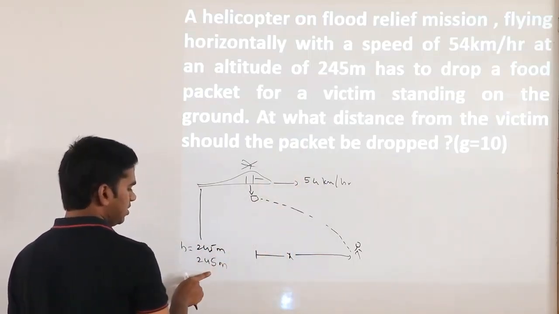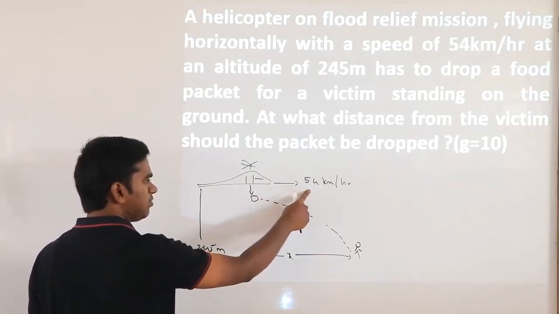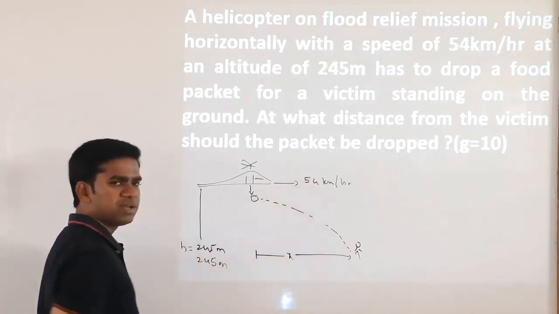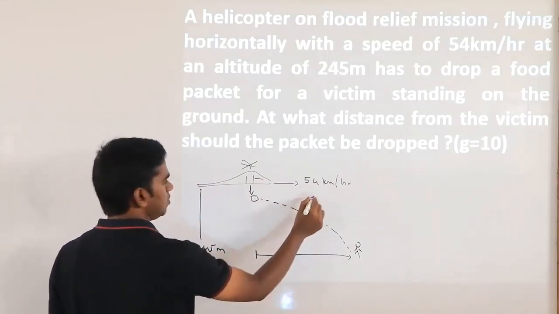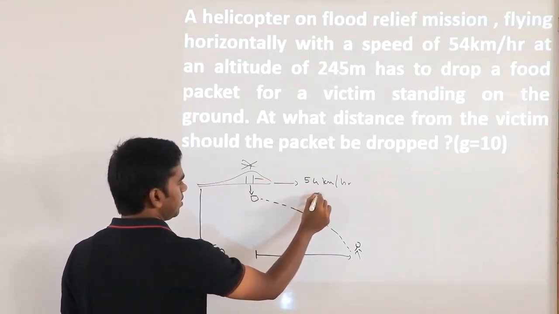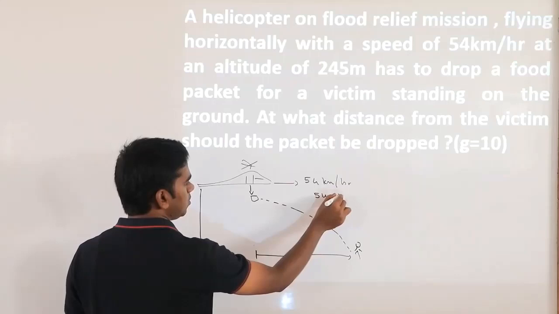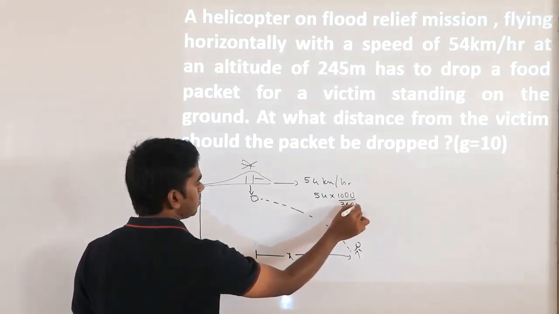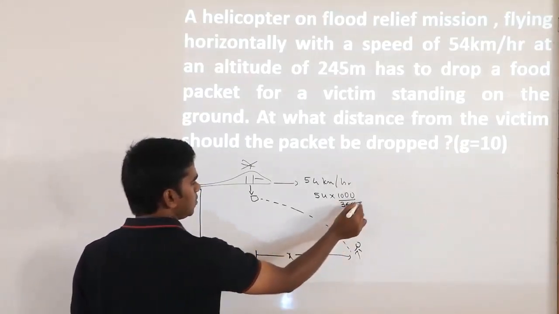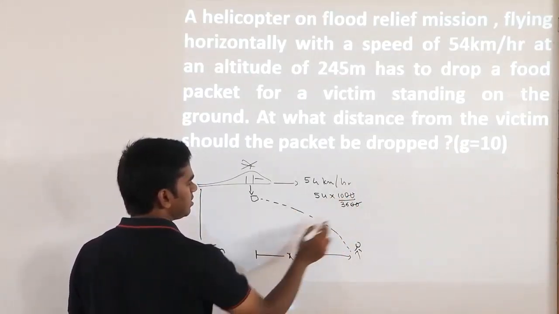Either you should convert this meter to kilometer, or you should convert this 54 kilometer per hour to meter per second. Okay, so let me convert this into meter per second, that is 54 into 1000 meter, as 1 kilometer is 1000 meters, divided by 60 into 60. So these two zeros will get cancelled.